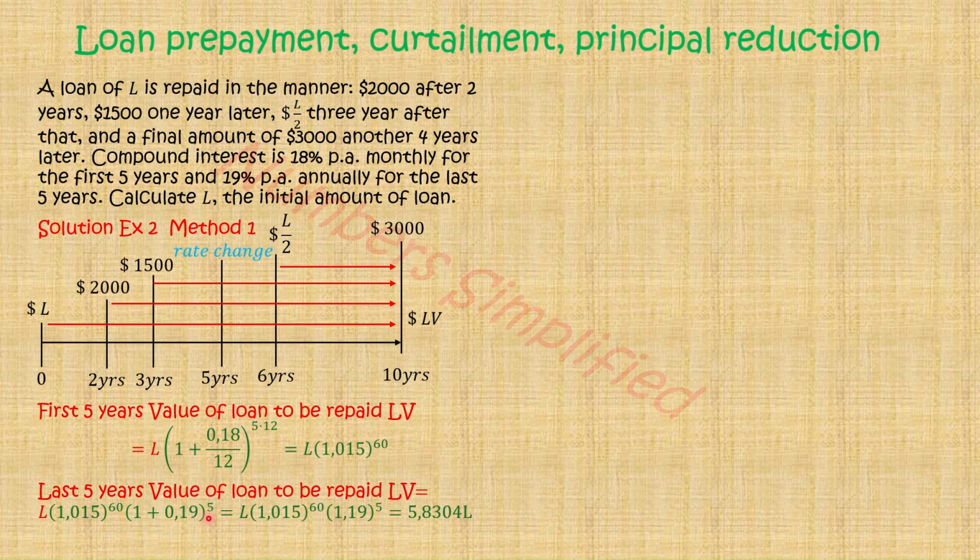So we multiply the value of the loan after 5 years times 1 plus 0.19, which is the interest in the last 5 years, compounded annually, and that is 5 times in total. Therefore, we move on to simplify what we have inside the parentheses, so that we have L times 1.015 raised to the power 60 times 1.19 raised to the power 5. Then, of course, if we want to simplify things, we may evaluate this. So that would give us 5.8304 L.